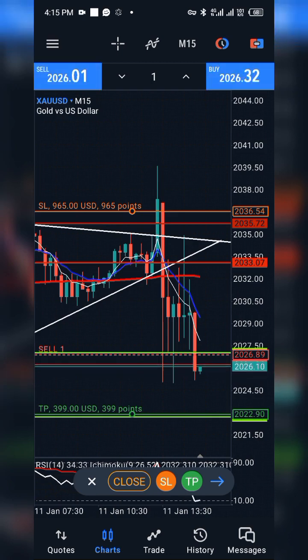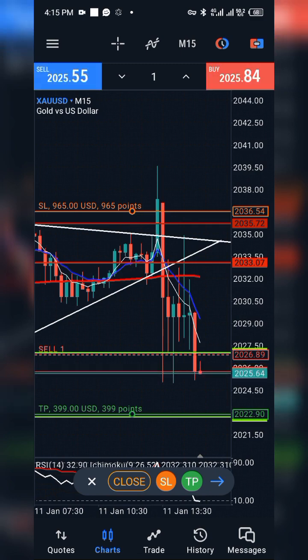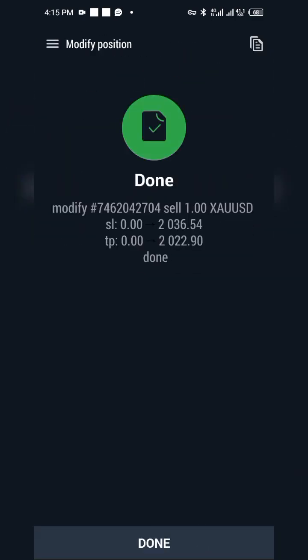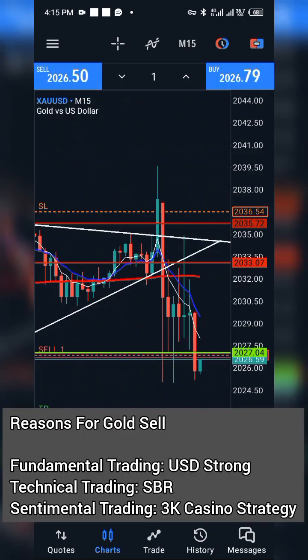But I'm not expecting that I will take this loss, because I remember I entered this market because firstly, the most important thing that made me enter this market is the fundamental reason that USD is strong, because of the readings that came out strong for USD, the core CPI and also the initial job claim if you are trading fundamental.